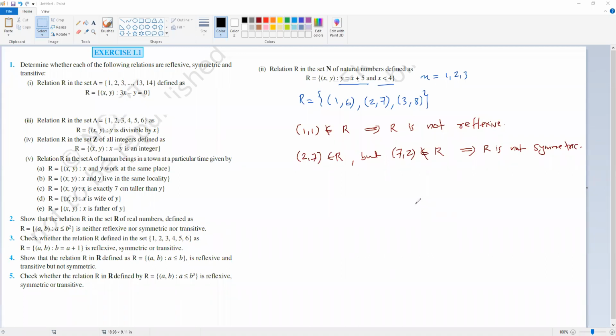Then transitive है क्या? Default हाँ, by default it is transitive.